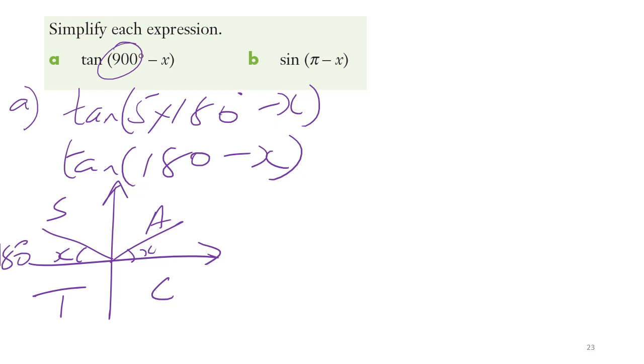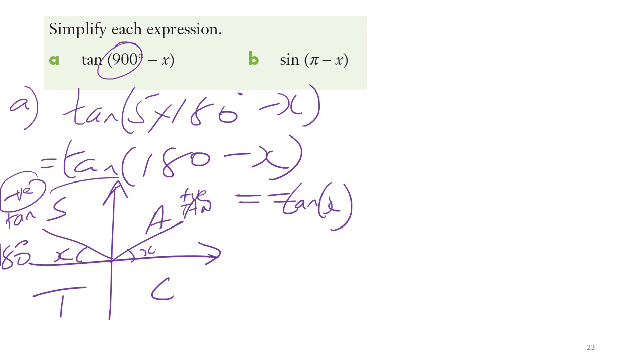Well, tan would be negative here. At the first quadrant, tan would be positive, which means the signs would flip. So if I need to express this in terms of just x, it's going to be negative tan x because the signs have changed from here to here. So your answer would be negative tan x.